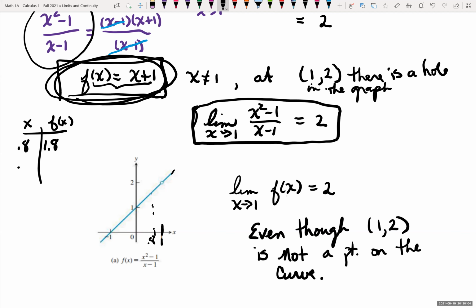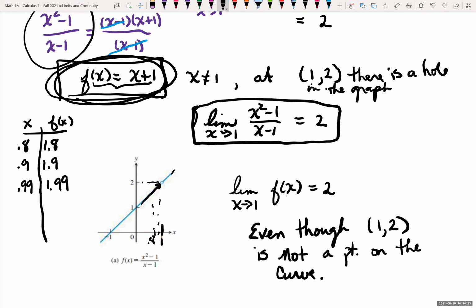If I plug in 0.9, you'll see on the graph that we have 1.9. If I plug in 0.99, I get 1.99. So as I'm getting closer and closer to this value, my y value is getting closer and closer to 2 on the left.